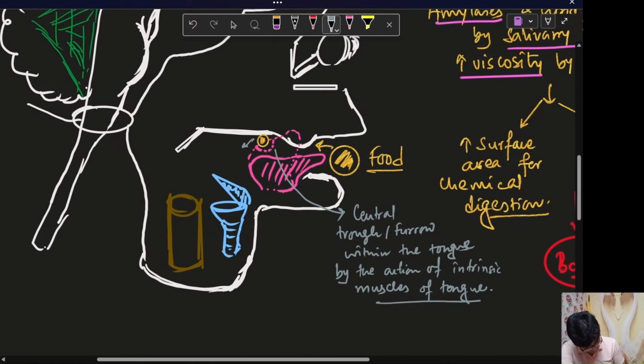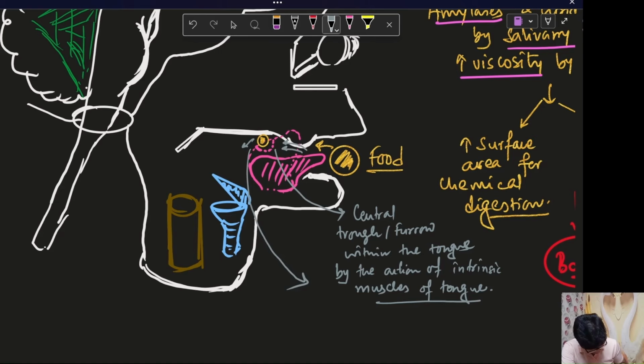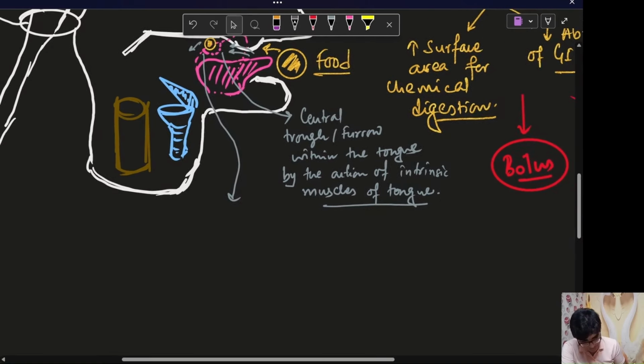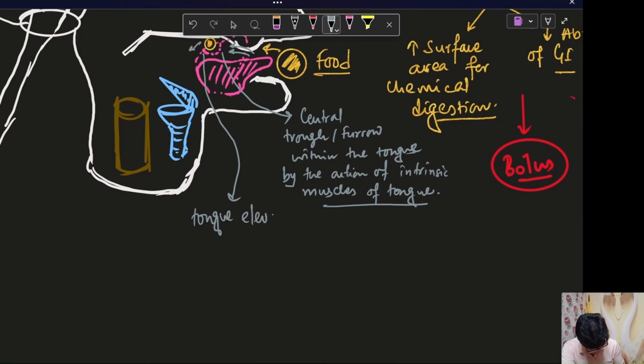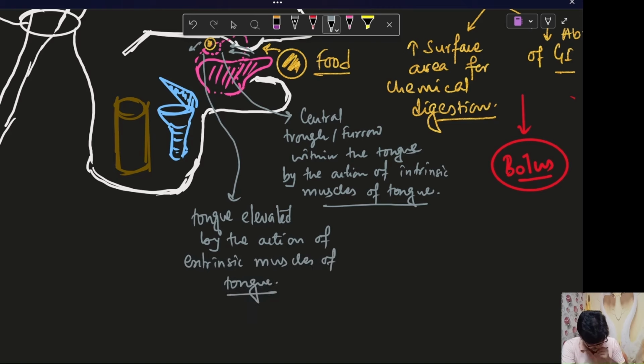Whereas the food particle is going down and the tongue is getting elevated. So secondly, the tongue is elevated by the action of the extrinsic muscles of the tongue.